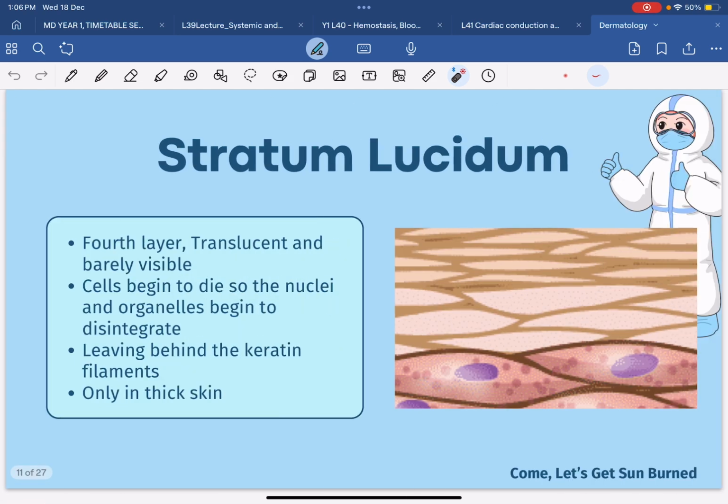The fourth one is the stratum lucidum, which is translucent. Translucent means transparent and very visible. In this layer, cells begin to die so that the nuclei and organelles begin to disintegrate behind the keratin filaments, and it only appears in thick skin.